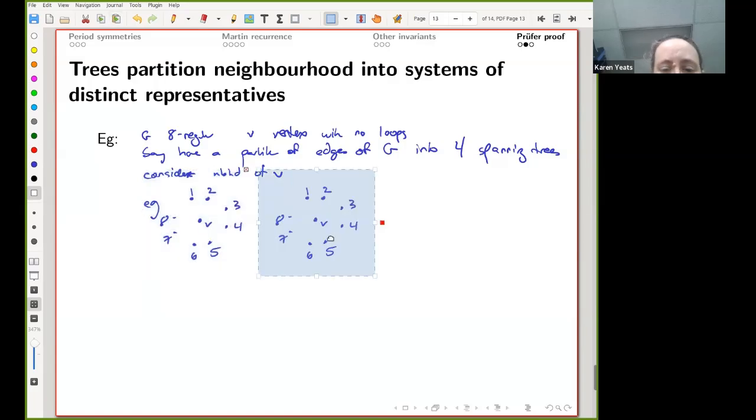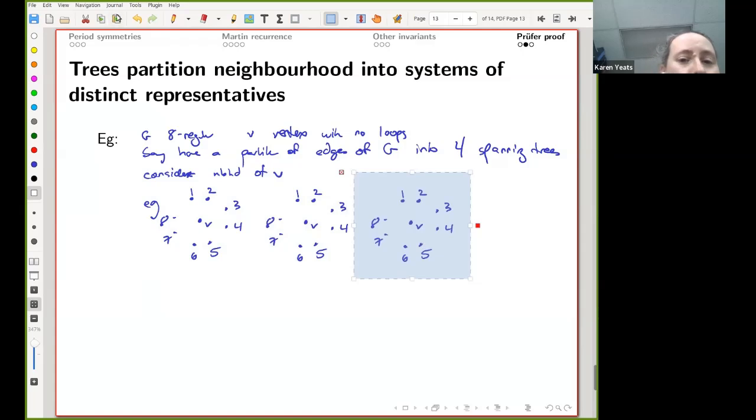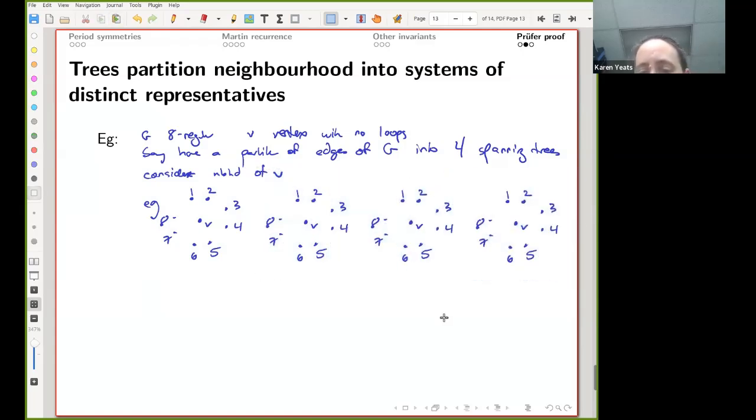And remember, we're going to have 4 of these because we partitioned the edges into 4 spanning trees. So here's my 4 copies of this little area.